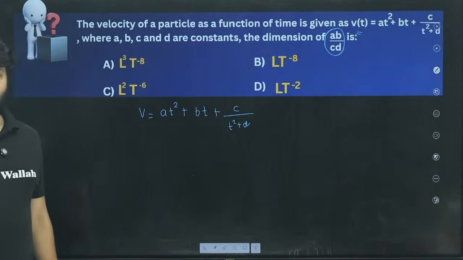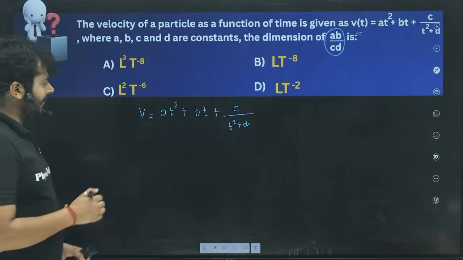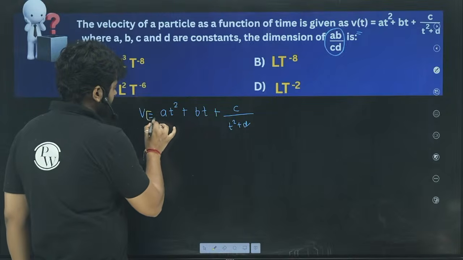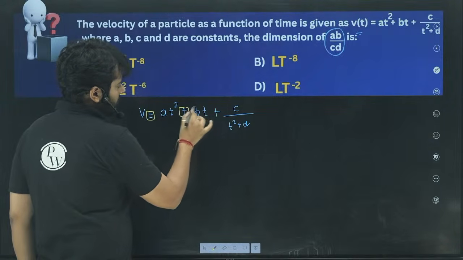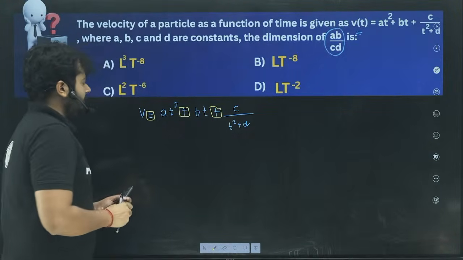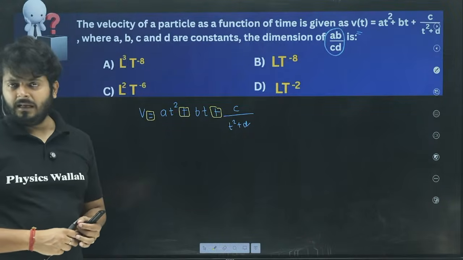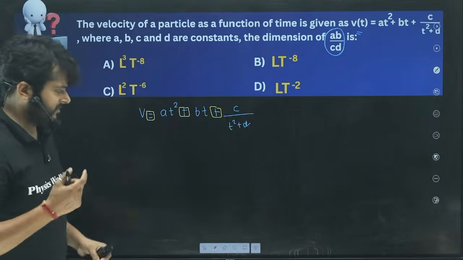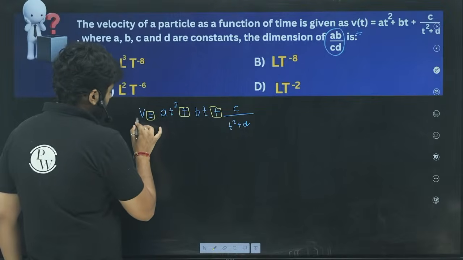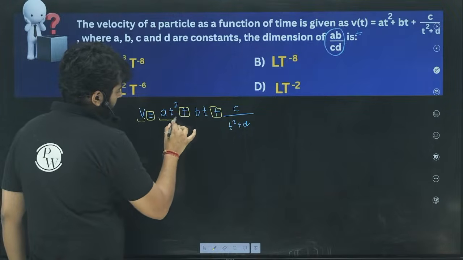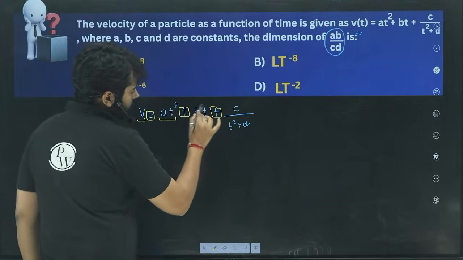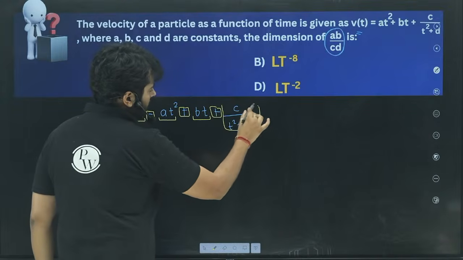We can say that with the principle of homogeneity, I will just focus on these signs, plus, equals to, and all. If two quantities are separated by these signs, they must share the same dimensional formula, same dimensions. So basically, the dimension of V is same as the dimension of this whole expression, and of this whole expression.